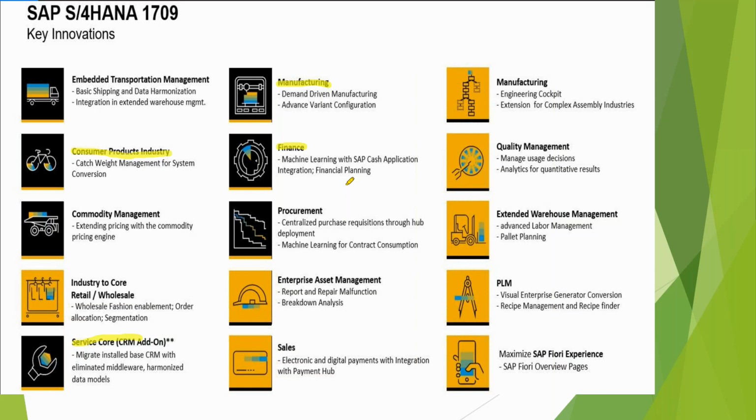How has my previous transaction been cleared from the banking point of view? Multiple algorithms and interpretations will happen with the machine learning concept, which will simplify your cash management or bank application integrations.